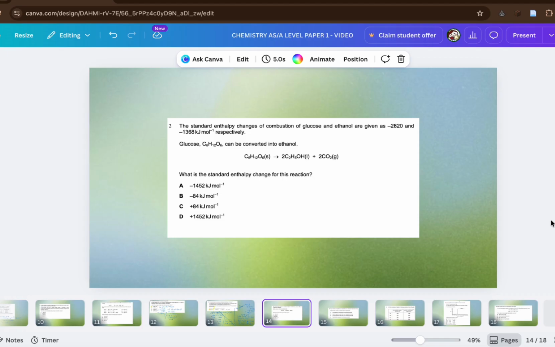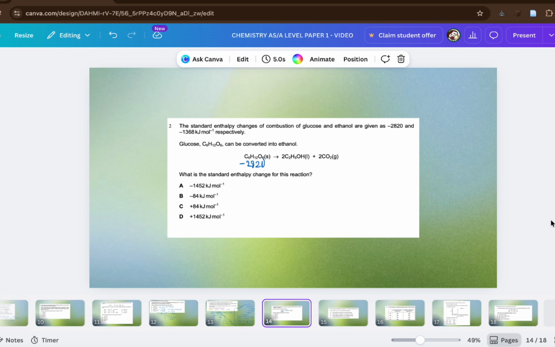Alright, first let's just count here. Look, there's another error here. Let's count. You see, for glucose, negative 2,820. However, see that they have a coefficient.